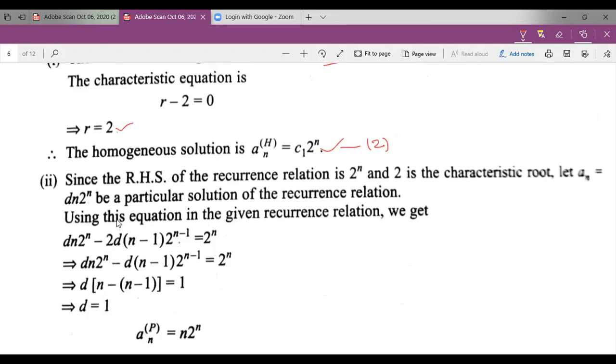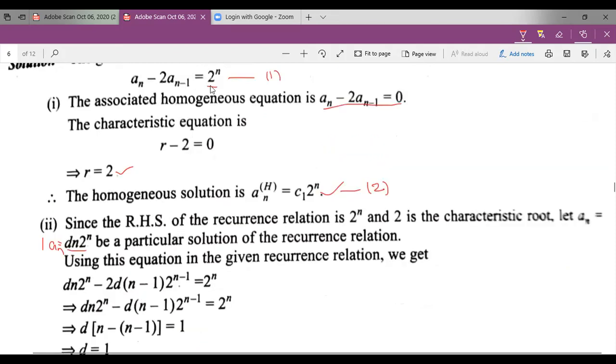In such cases, we consider the particular solution a_n is equal to d·n·2^n. We take this type of solution when the RHS term of the given recurrence relation has an r value that is equal to the characteristic root.